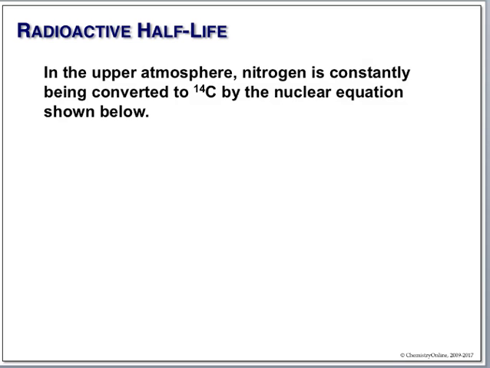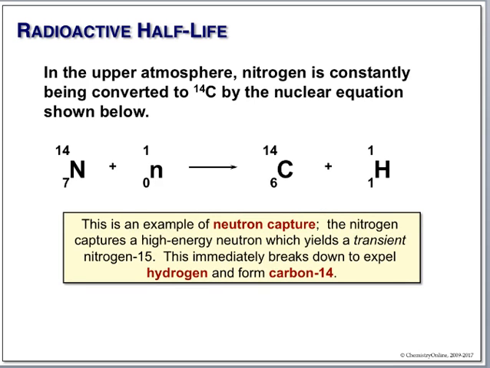gone. Carbon-14. This carbon-14 story is actually kind of neat. In the upper atmosphere, we have nitrogen N2 floating around, and we have energetic particles from the sun. Nitrogen, it turns out, can absorb a neutron from the sun. So this neutron comes, hits the nucleus, sticks, just for a microsecond.